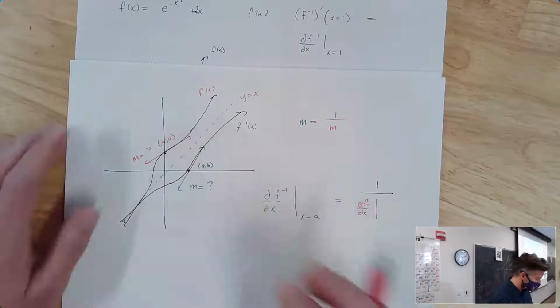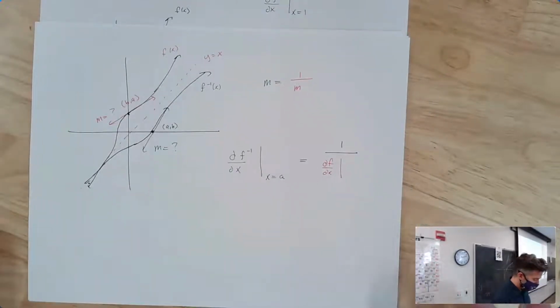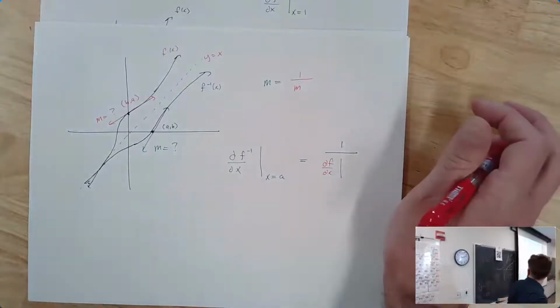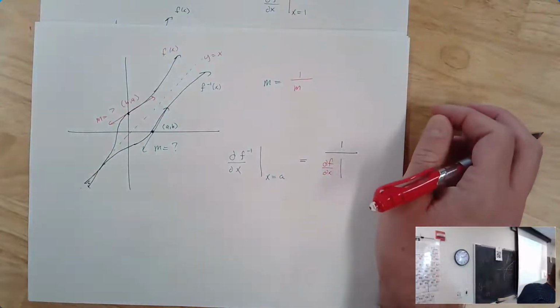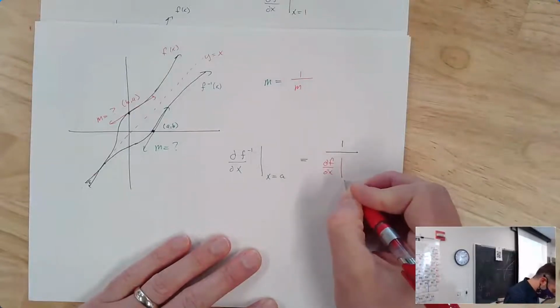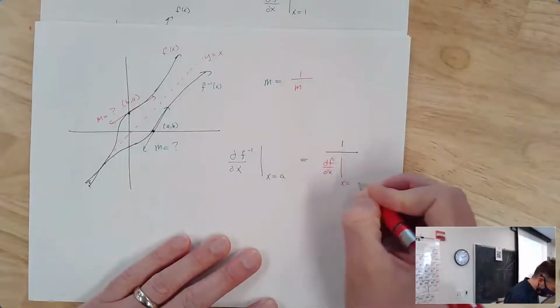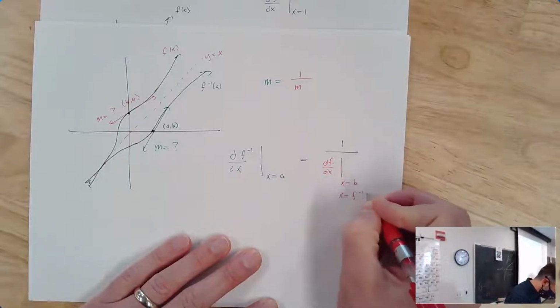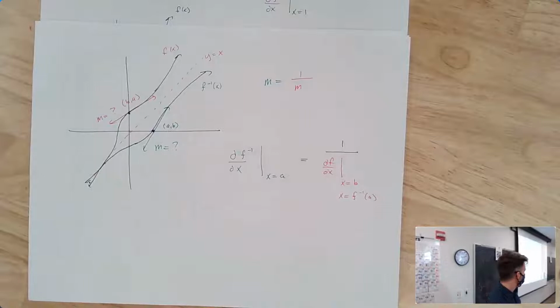Or as people often write it, this is where things get super funky. We're going to evaluate this at X equal to, some people write B, some people write X equal to F inverse of A. Those are equally good.